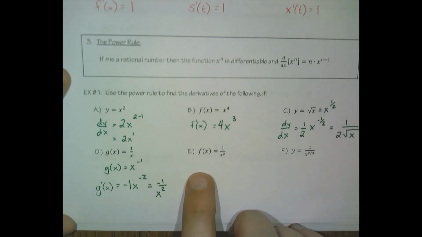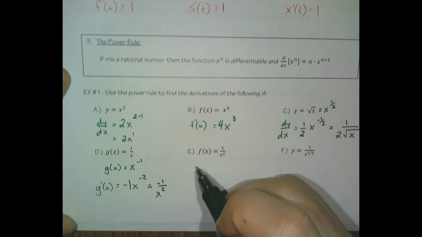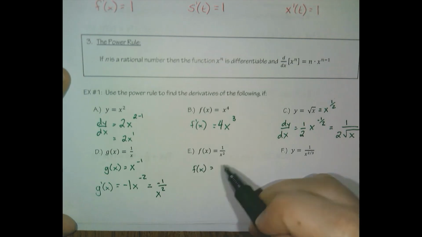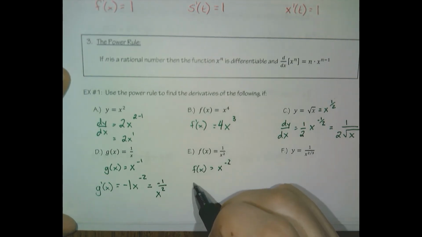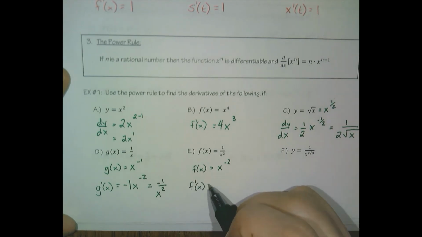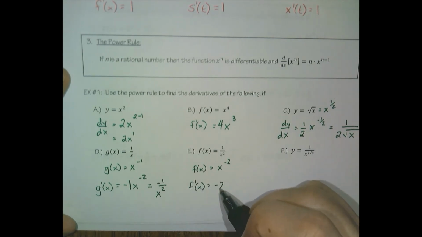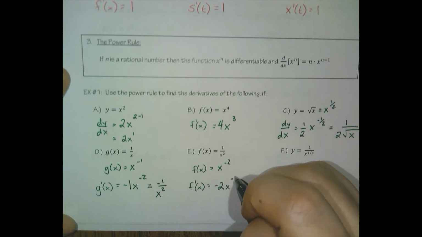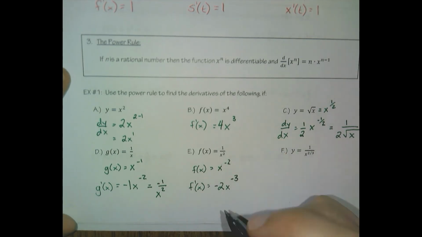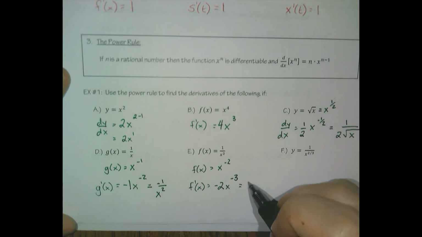Very similarly in part E, if we write this as an exponent, we could write this as x to the negative 2, and when we take the derivative, the negative 2 drops down in front, and we decrease that exponent by 1. This expression here can be simplified to negative 2 over x cubed.